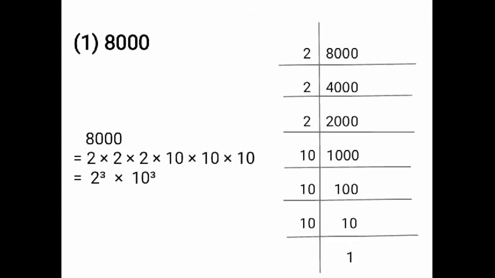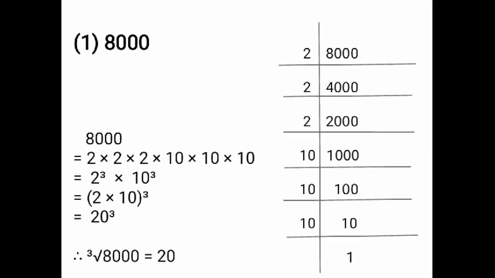That is, in bracket you can write now 2 into 10 in bracket raised to 3. 2 tens are 20. That is 20 cube. Cube of 20 is 8000. Therefore cube root of 8000 is equal to 20.